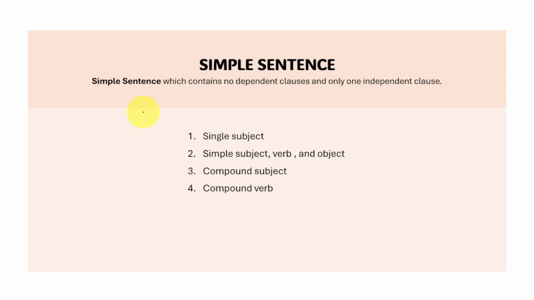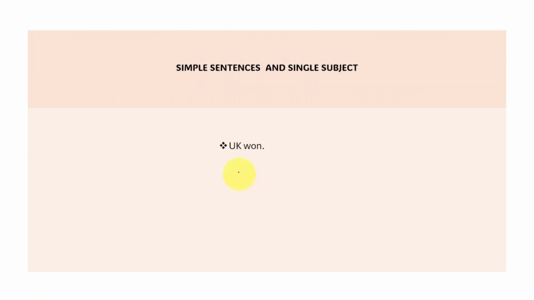We have a subject, we have a verb, we have a complement. So we have a simple subject, verb, and object. We also have a compound subject and compound verb.